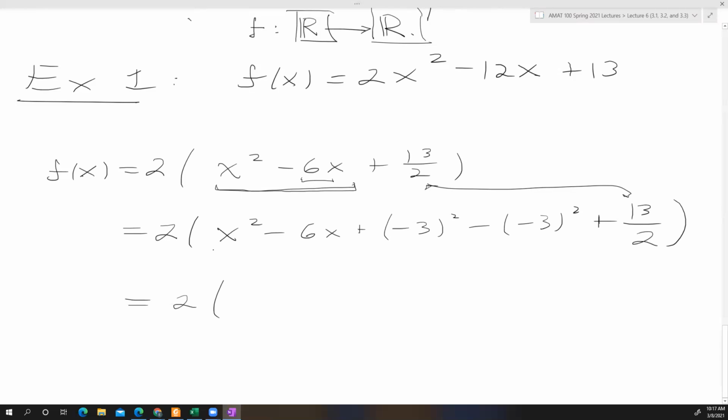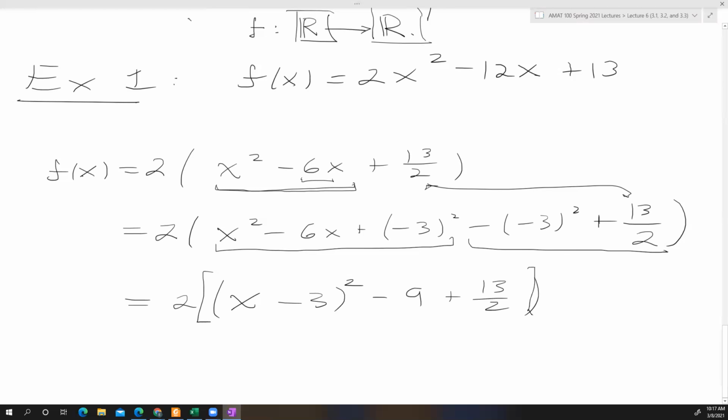So right here, we can factor this part. I'm going to put a square bracket right here. So this is going to be x minus 3 squared. And then we have to combine these terms. So -3 squared is 9, but then it becomes -9 because we have that negative on the outside.